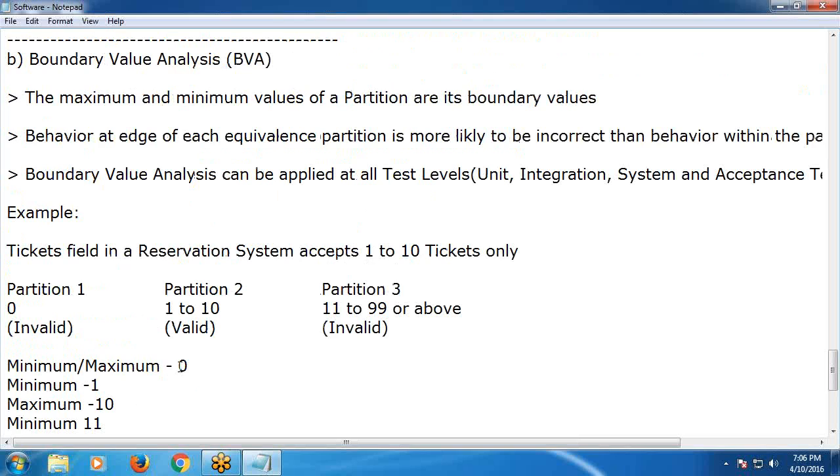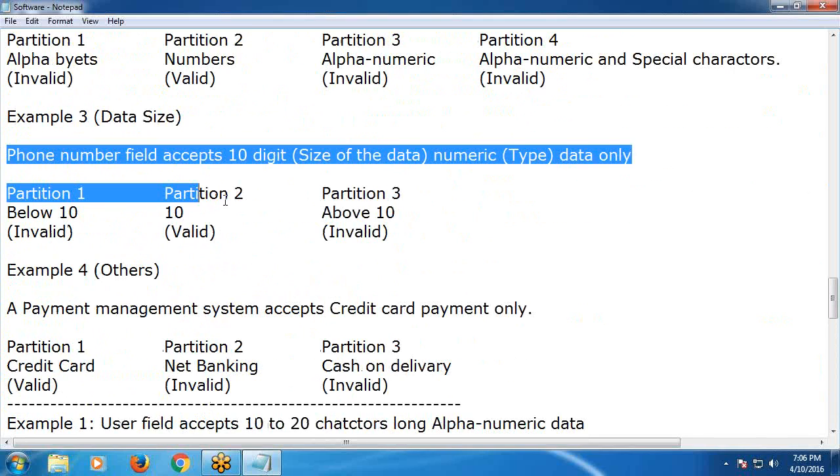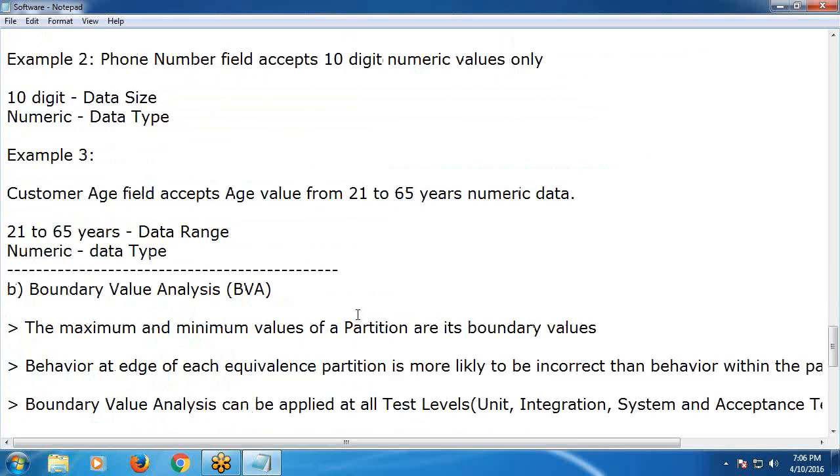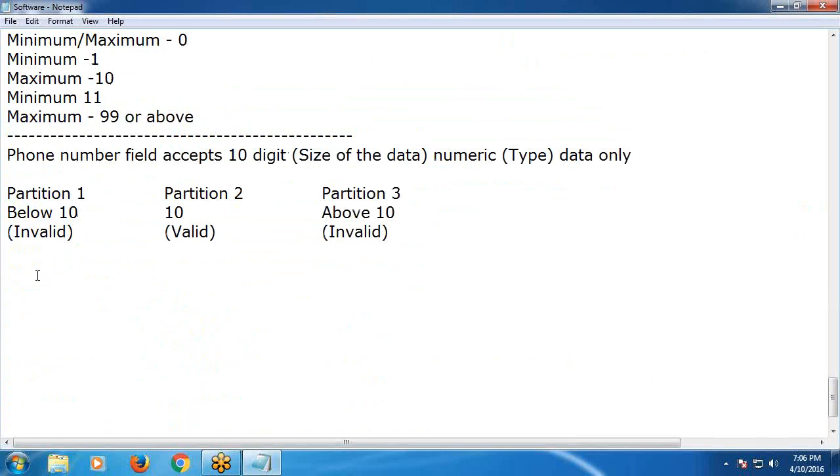Next, take the data size example, the phone number. Krishna Chaitanya, write boundary value analysis for this one. Partition 1 is fixed, minimum 0. What is the edge? 9.